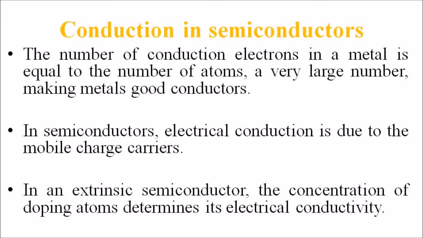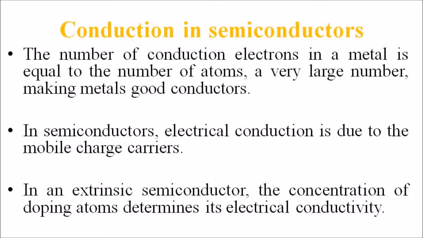Unlike in metal, the atoms that make up the bulk semiconductor crystal do not provide the electrons which are responsible for conduction. In semiconductors, electrical conduction is due to mobile charge carriers like electrons or holes, which are provided by impurities or dopant atoms in the crystal.